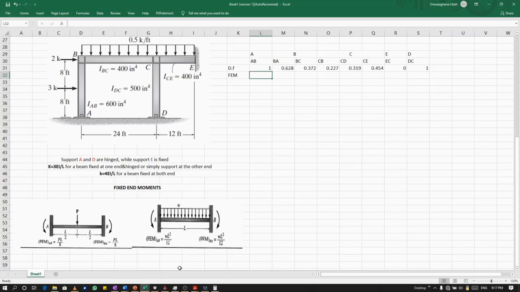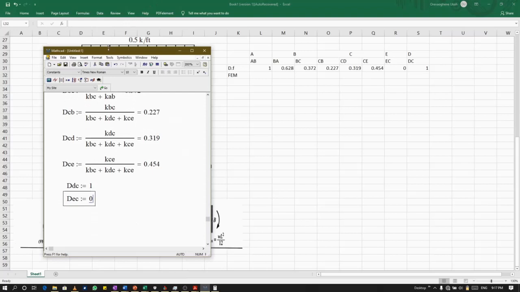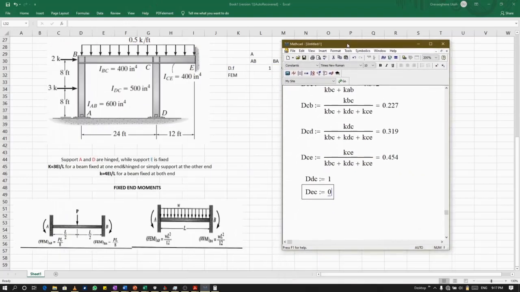So we just do the calculation: 3 times 192 all over 8, which is 72.